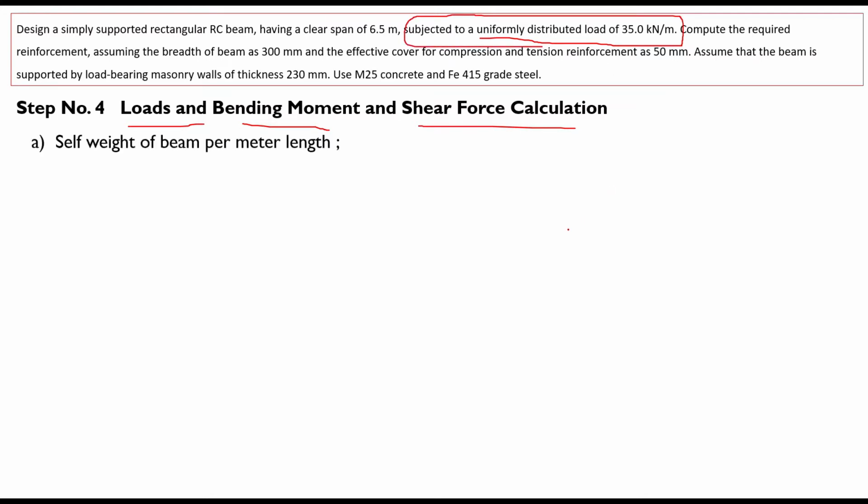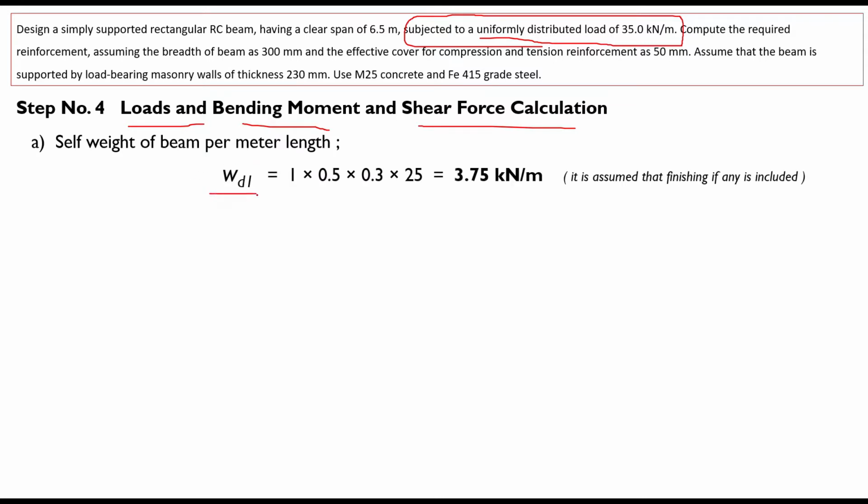So the very first step is we have to calculate the self weight of the beam as per the assumed dimensions which we have adopted, per meter length. So we can say that W dead load or self weight is equal to, for each meter, 0.5 is the overall depth of the section, 0.3 is the width of the section, and 25 is the unit weight of the RCC. It comes out to be 3.75 kilonewton per meter.